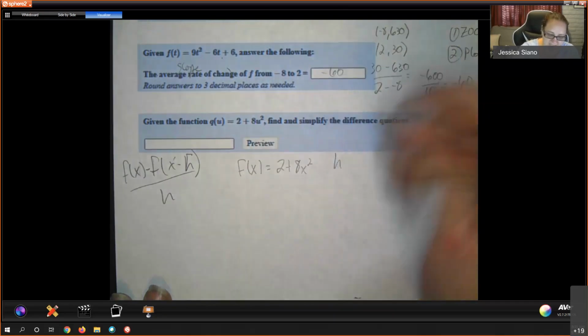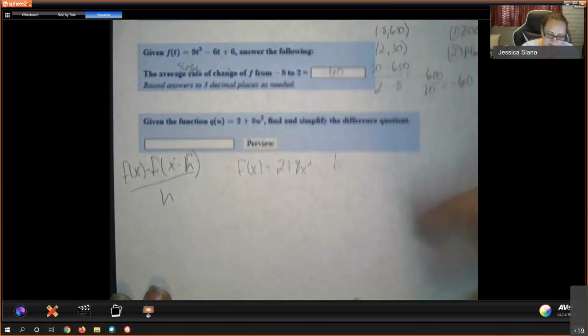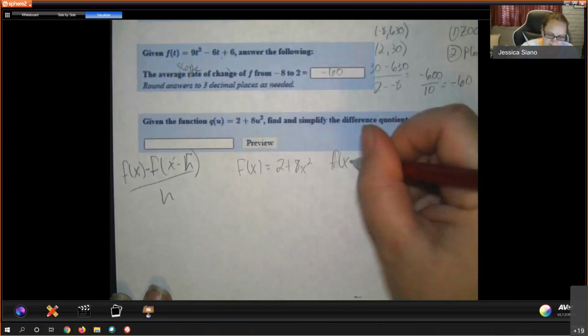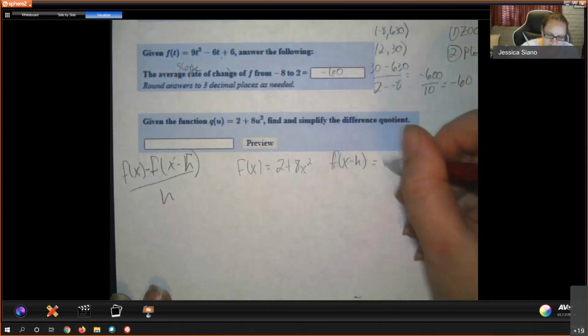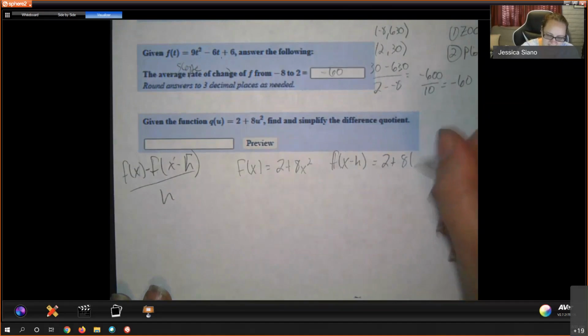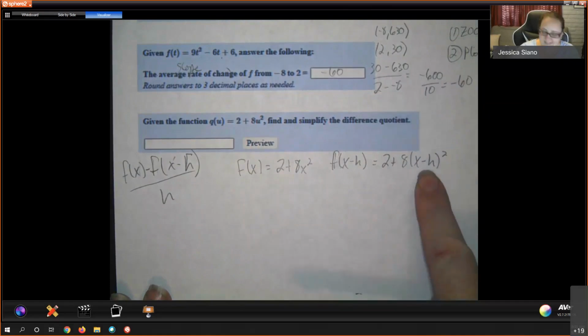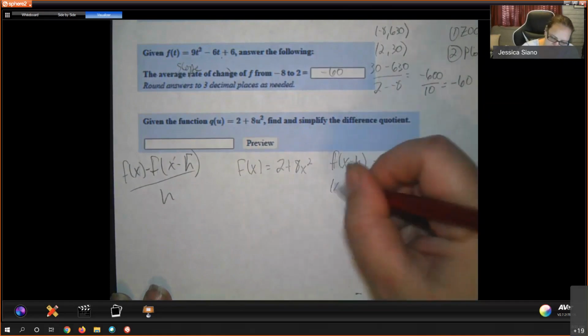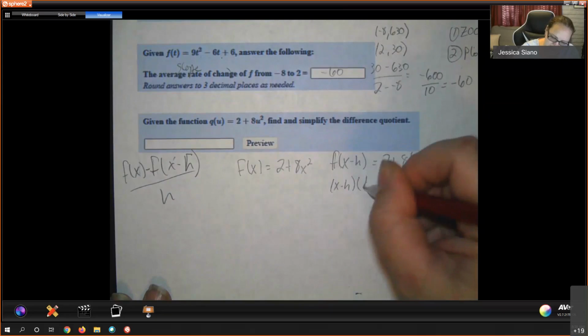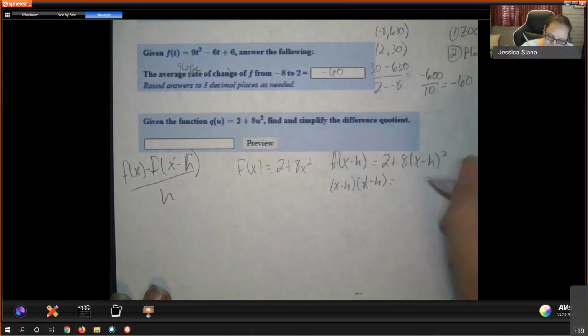F of x minus h is 2 plus 8 times x minus h squared. But what is x minus h squared? Well, that's x minus h times x minus h. So that's x squared minus xh minus hx. So that's minus 2xh plus h squared.